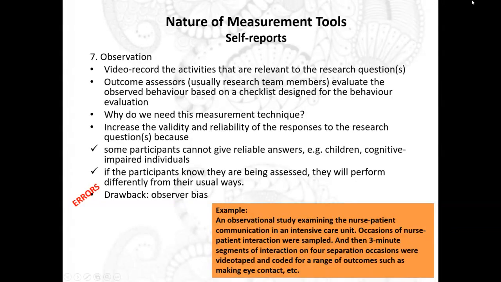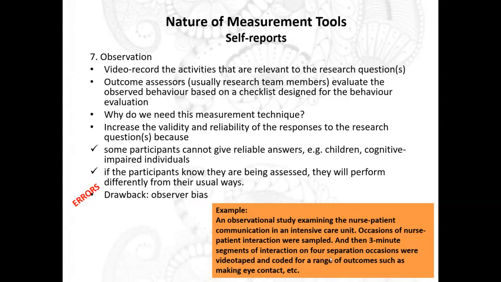How do we do it? Occasions of nurse-patient interactions were sampled. The researchers video record part of the nurse-patient interaction in the ward, and then take out some sections of the video, 3 minutes each. The observers, in fact, are researchers in the team that know well about communication.